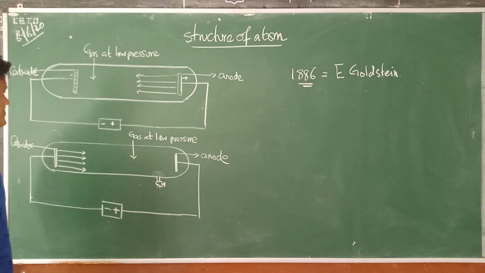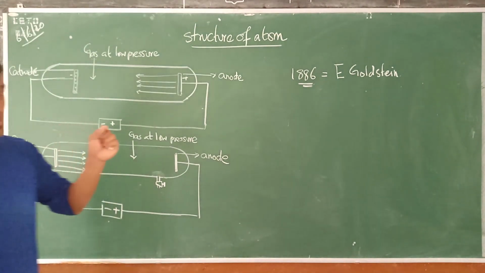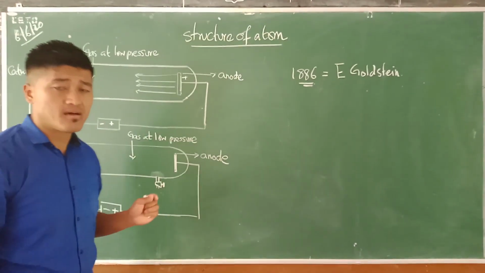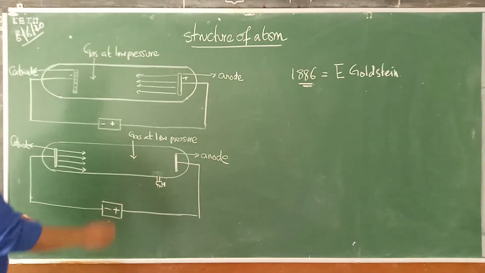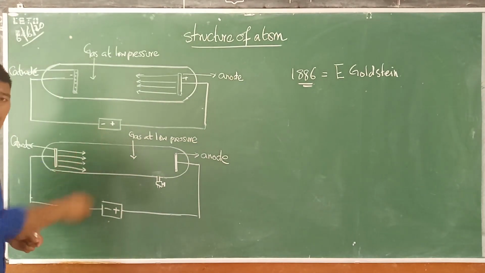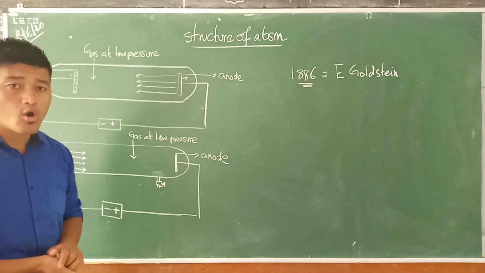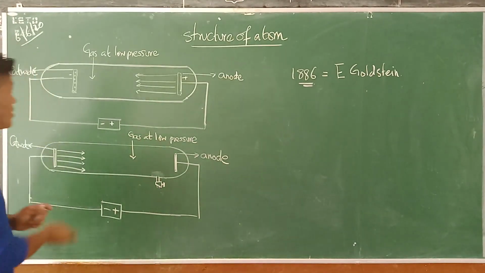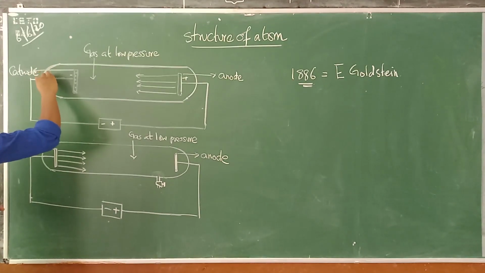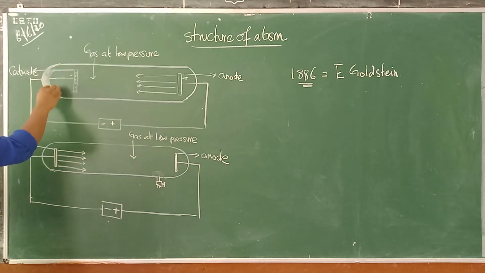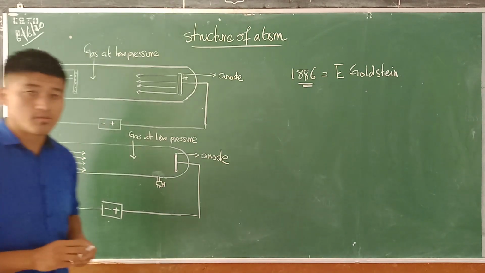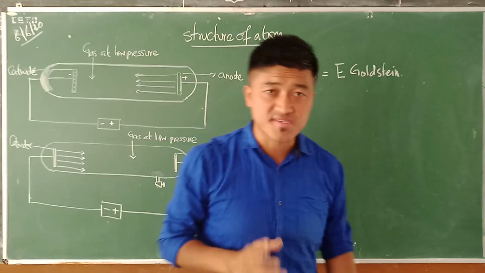What E. Goldstein did in 1886 is that he passed electric current at a very high voltage. On this side, at the wall of the gas discharge tube, he placed some fluorescent material. Do you know the meaning of fluorescence?